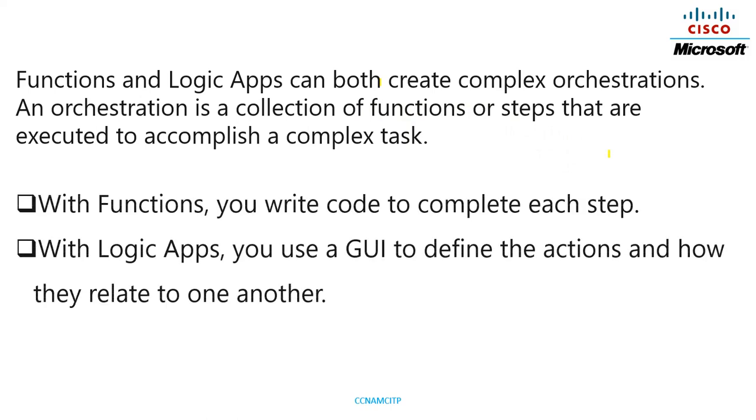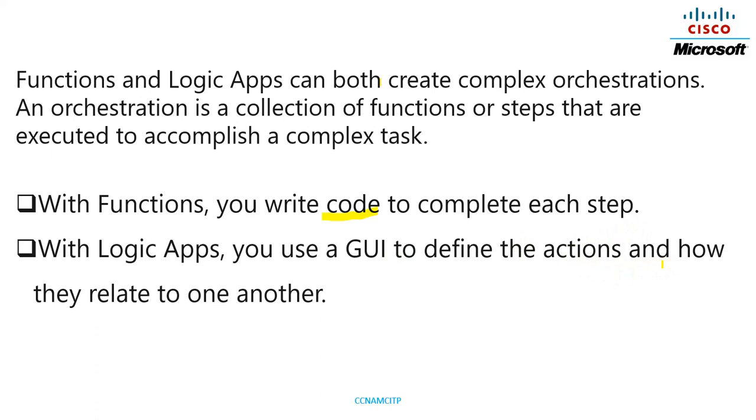Now with functions, you write code to complete each step. You have to use code if you are talking about functions. If we talk about logic apps, with logic apps you use a GUI, a graphical user interface, to define the actions and how they relate to one another. Very simple.